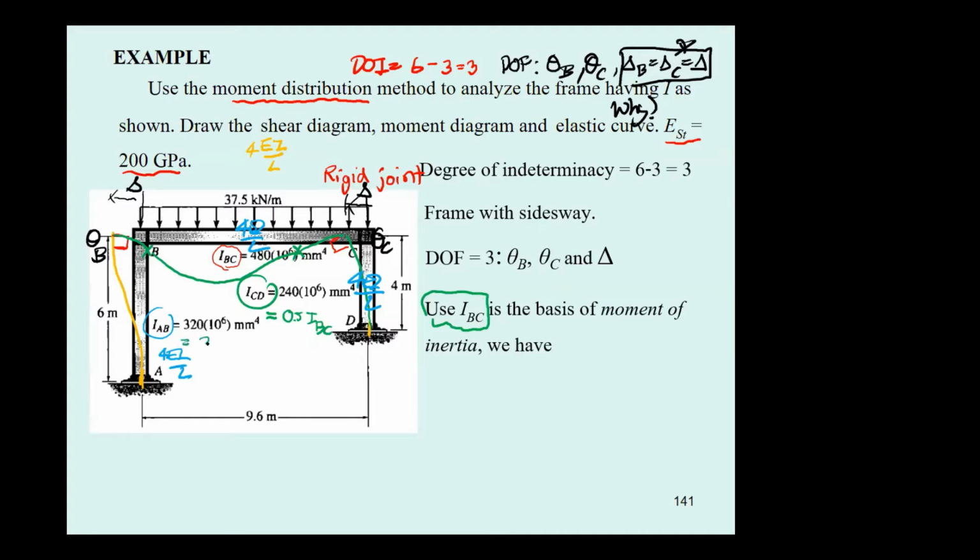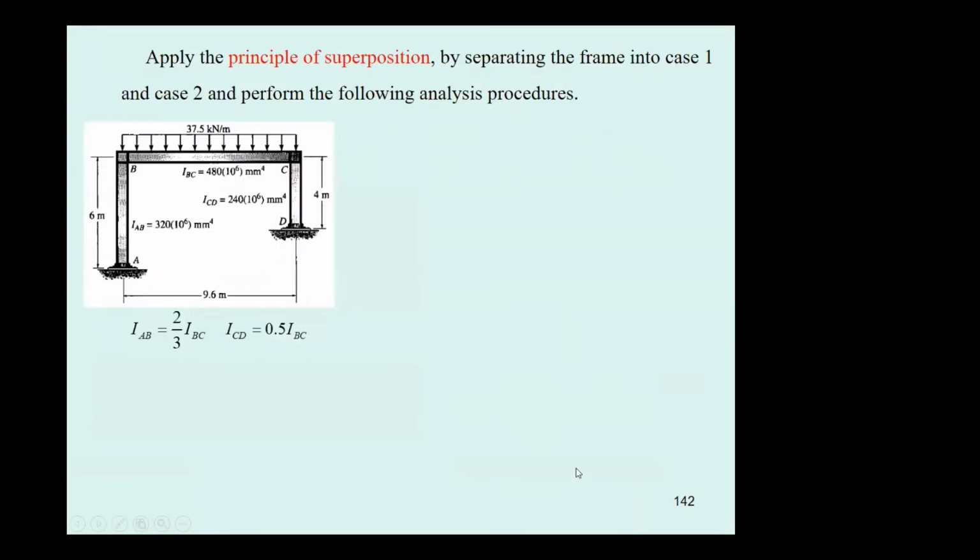And this one is going to be 320 divided by 480 of I sub BC. You can determine the relative values between them easily. Then you have I sub AB equal to 2/3 of I sub BC, and for I sub CD you have 0.5.